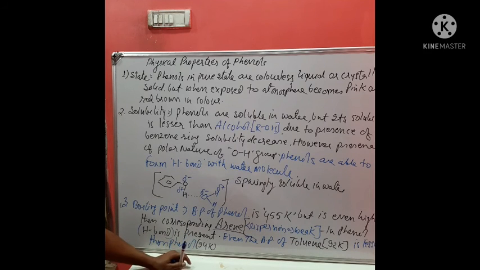But now the boiling point will be decided by the nature of the two compounds, toluene and phenol. Getting? Phenol has polarity, but toluene is a non-polar compound. And you know that a non-polar compound has only dispersion force, while a polar molecule has polarity. That is, phenol has polarity.